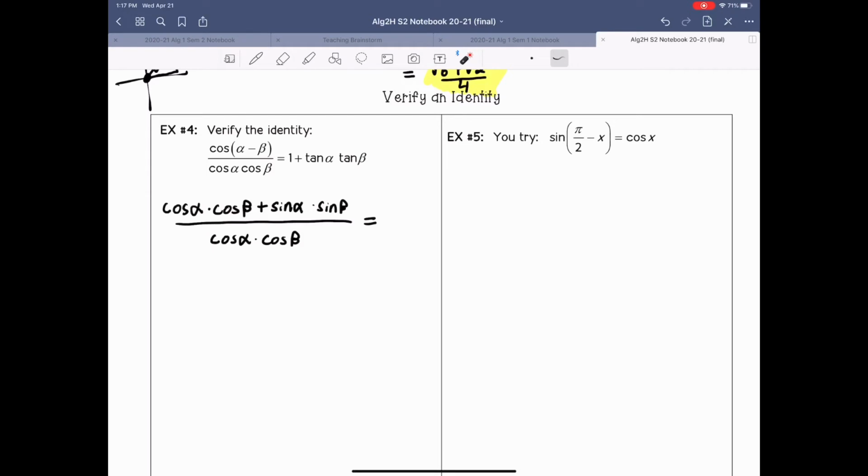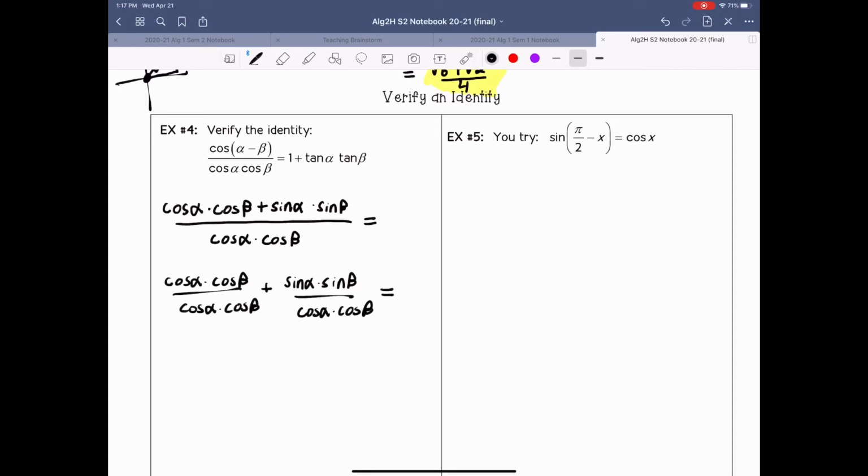And if I were to do that, notice how the first fraction would be the cosine of alpha times the cosine of beta over the denominator, cosine of alpha times cosine of beta. So obviously we would have a huge amount of cancellation here. Now my second fraction, if I were to break this up, would be plus the sine of alpha times the sine of beta over the denominator, cosine of alpha times cosine of beta.